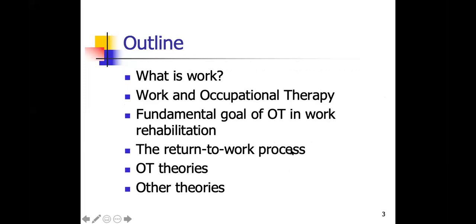If we only understand OT theories, there is a limitation because some other profession they didn't understand our theory. So, and some depends on the policy at workplace. So we need to understand other theories.